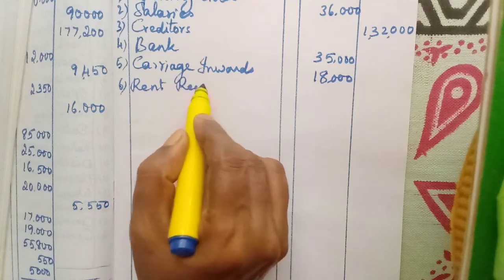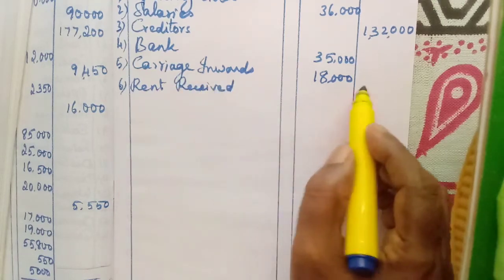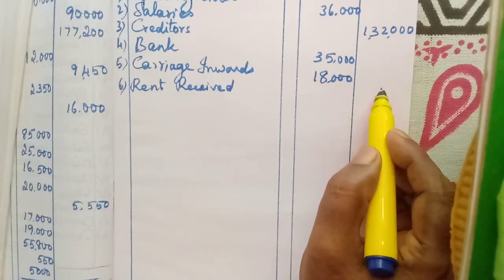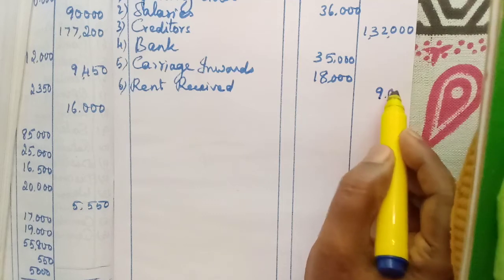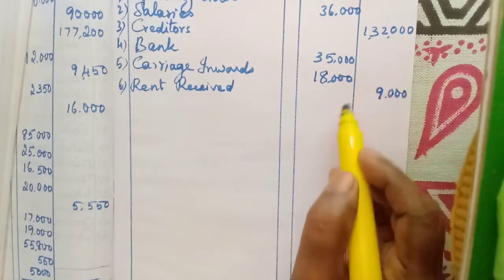Rent received is an income. So credit side 9,000. 9 just below 2. The 2,000, no? This will be the 9. 9 will be just below 2. So 2,000, 9,000 and the same digit.